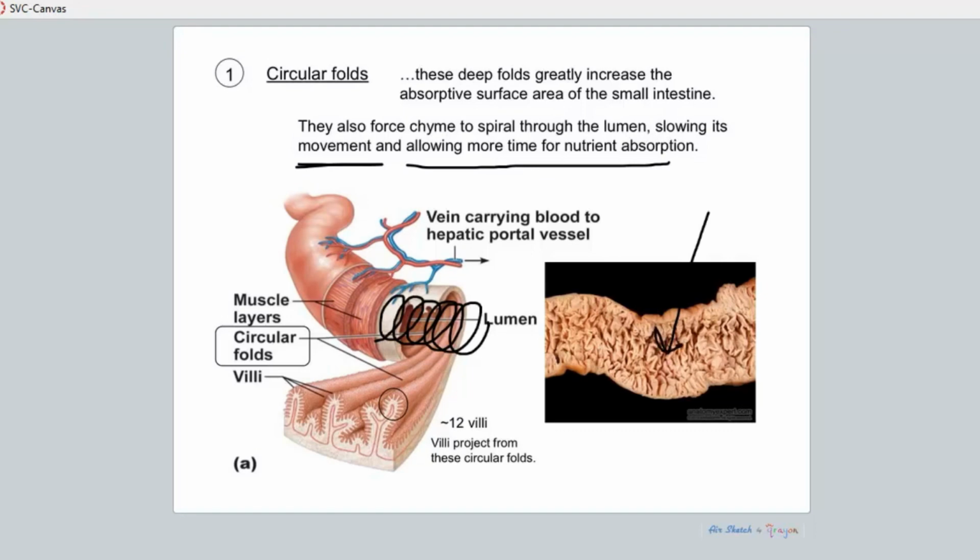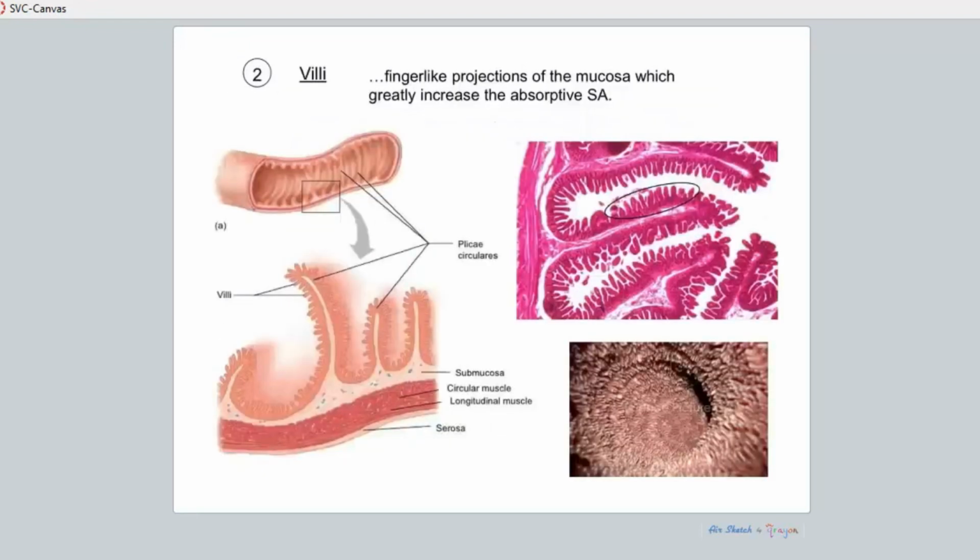But then if we look on top of these folds, we have these little projections called villi. And that's the next modification that we're going to look at. These villi are finger-like projections of the mucosa, which again greatly increase the absorptive surface area of the small intestine.